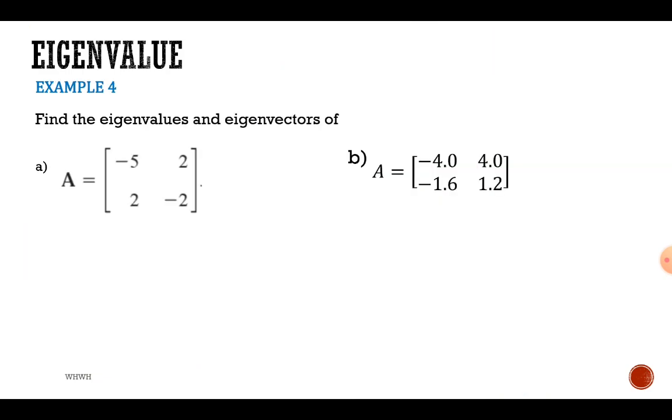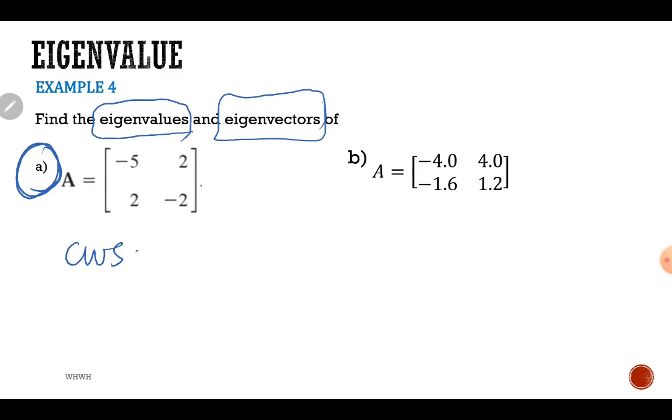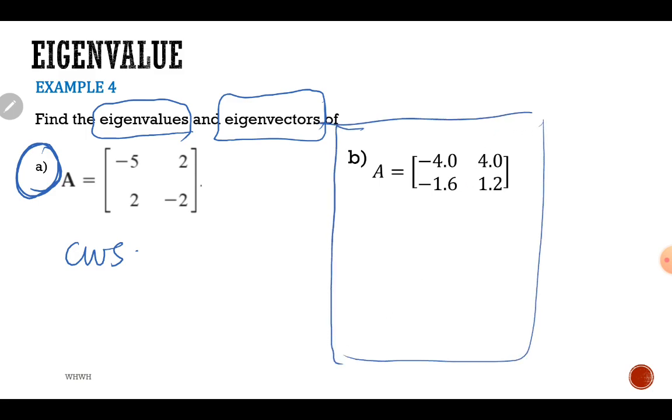Okay, example 4 ni untuk A, saya nak you all solve as your classwork submission. Maksudnya, you have to find the eigenvalue and eigenvector as well. Okay, B, saya akan solve sekarang. Okay, I'm going to try to solve example B. Your A is another question for your classwork submission, so the step here is quite long lah. Okay, I can give you jawapan untuk yang ni.